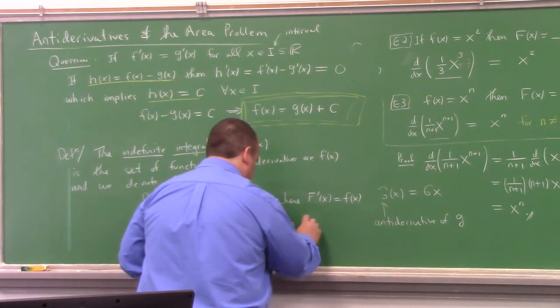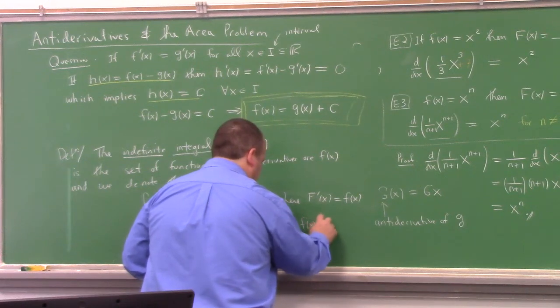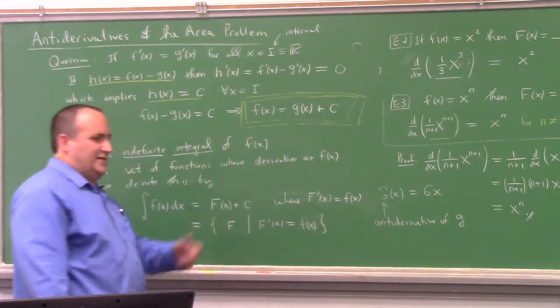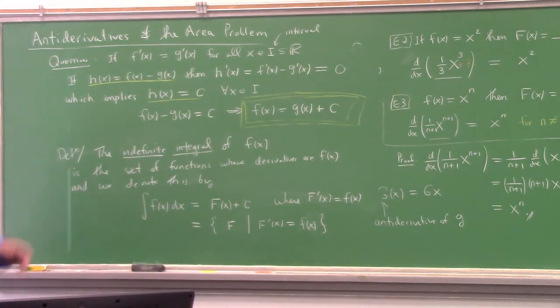Sorry. But come on, I don't make you guys write that, and I sometimes don't even talk about it in here, because no one wants to write "set of functions" every time, right? But that's the concept here. We'll sometimes say the indefinite integral is the most general antiderivative, which is just another way of dodging the point of saying what's really going on, which is that we have a whole set of functions, each of which has derivative little f.